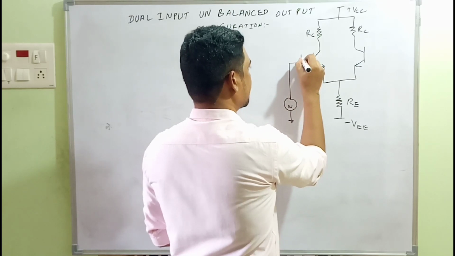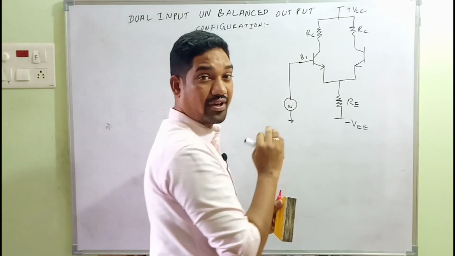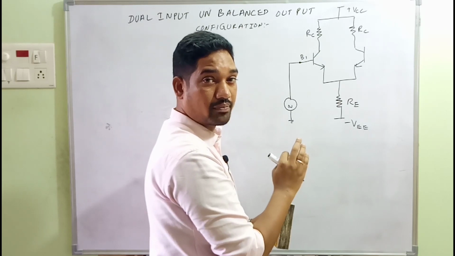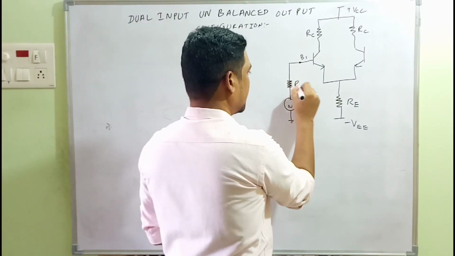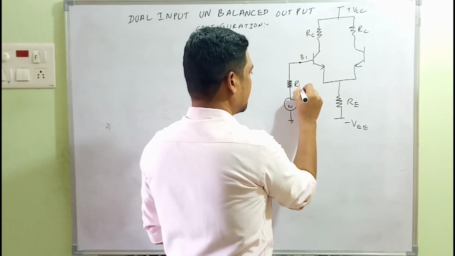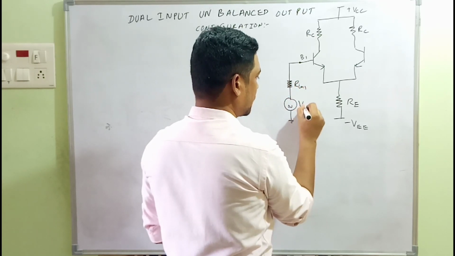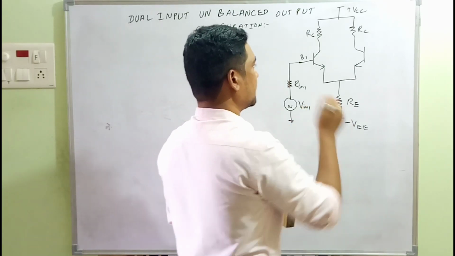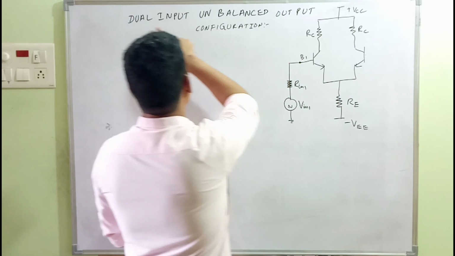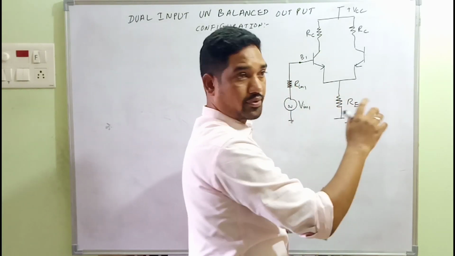of the first transistor, B1, and the internal resistance of the source cannot be neglected here. So R in 1, and let it be input source V in 1. On the other hand, this is dual input, the name itself says we have two inputs.